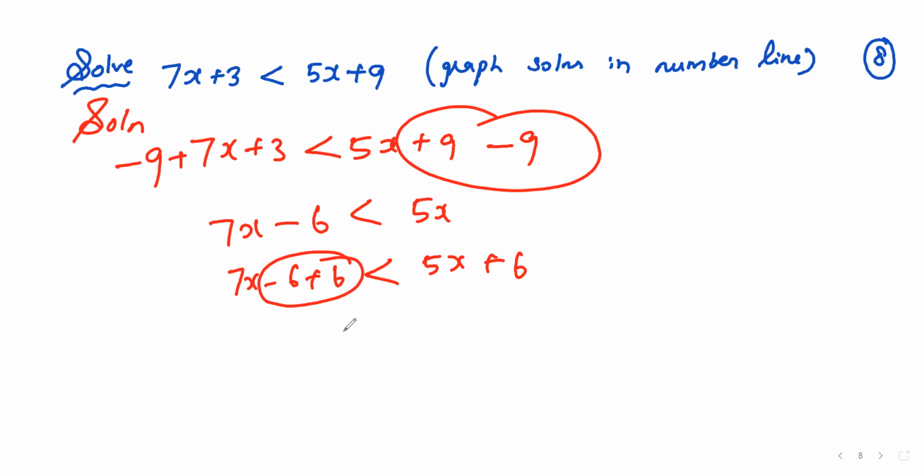What did we do wrong? This side cancelled. Where did we make a mistake? Once again. No, we didn't make any mistakes actually. This side is 5x plus 6, this side just 7x.